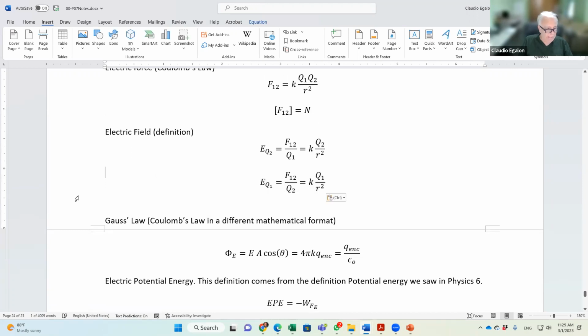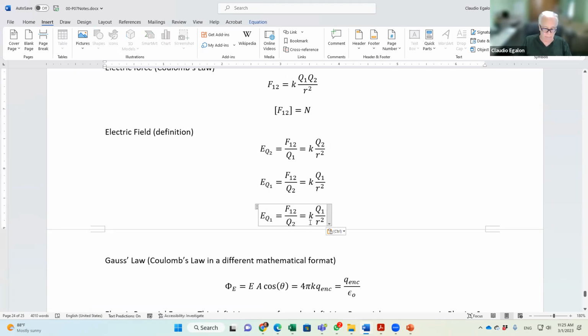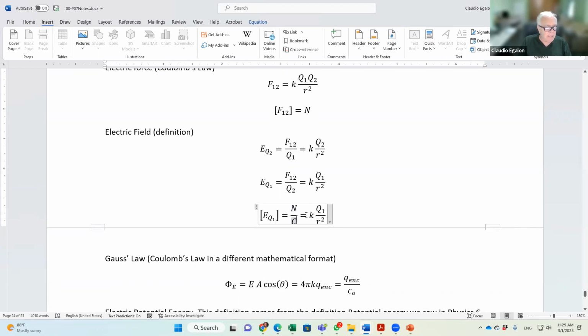For the electric field, it doesn't matter which charge distribution we are talking about, the unit for the electric field is going to be newtons per coulomb.